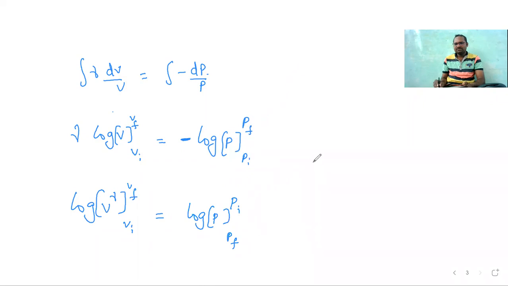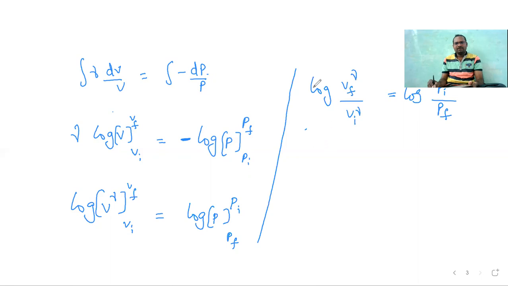It can be written as log of V final to the power gamma divided by V initial to the power gamma is equal to log of P initial by P final. Did you understand this one? Limits I have applied. Now take the antilog on both sides. You will get V final to the power gamma divided by V initial.